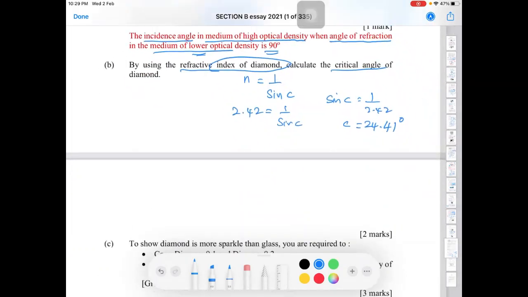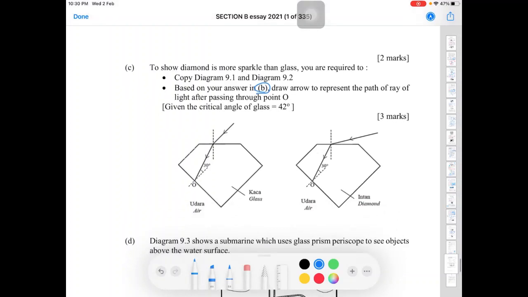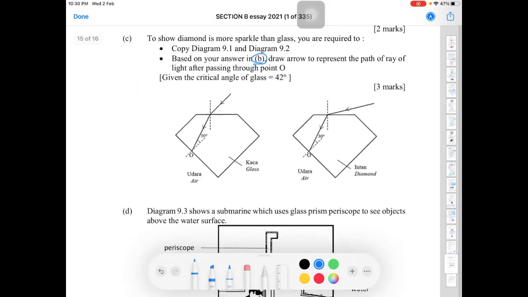Alright, soalan seterusnya dia tanya kamu copy diagram 9.1 and diagram 9.2. Based on your answer in B, which is you cari critical angle diamond, so you kena draw arrow to represent the path of ray of light passing through the point O. Jadi sekarang you ada one glass dan you ada one diamond.